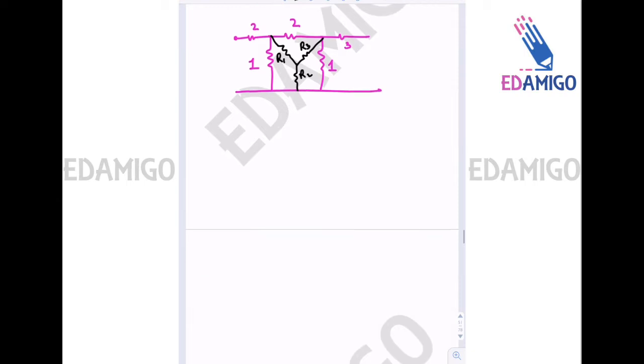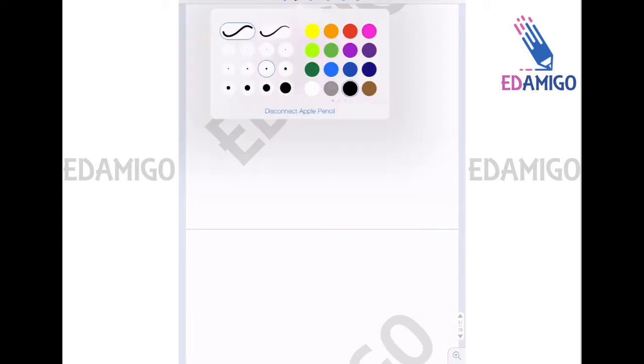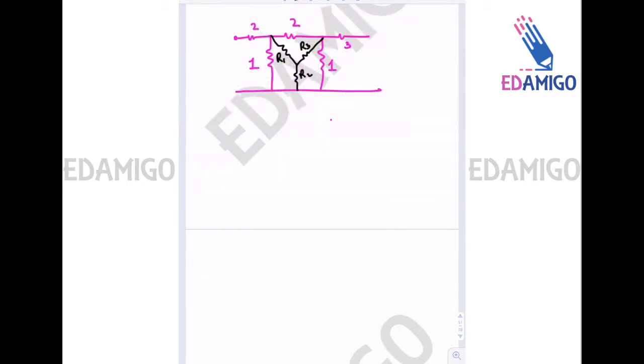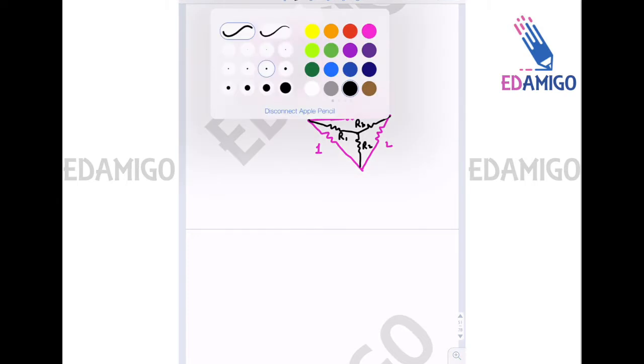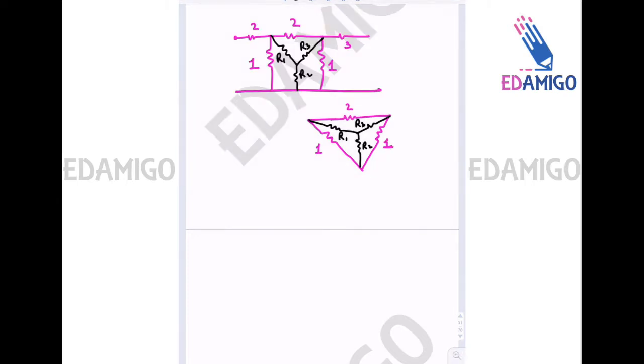Let me draw it in a similar format that we used to study, that is, this is your delta and we are converting into a star, that is R1, R2 and R3. This resistance value is 1.